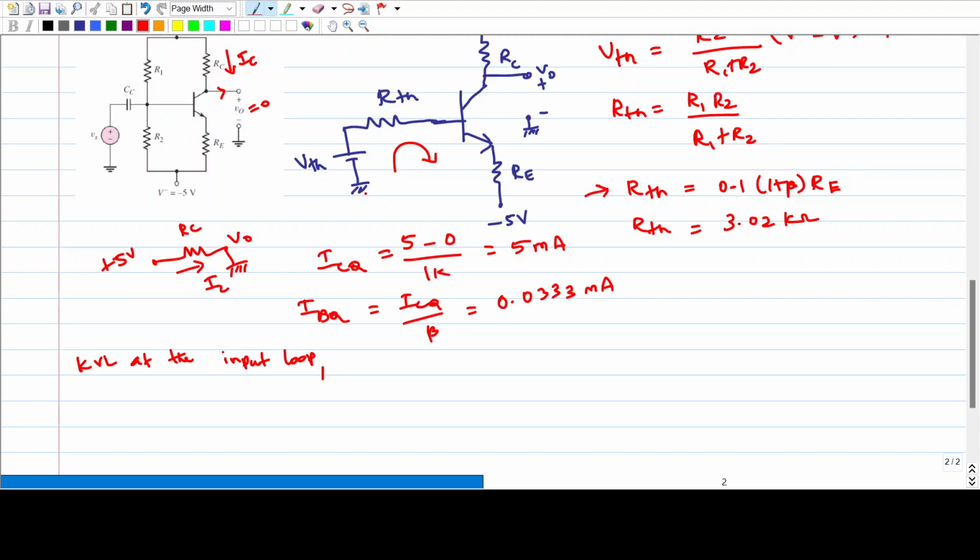So here it is minus VTH plus IB times RTH plus VBE plus IE times RE, and here it is minus V minus, or you can say plus of minus 5, that is equal to 0.